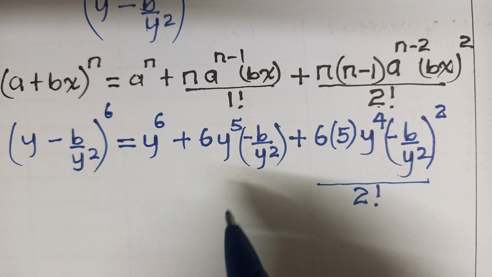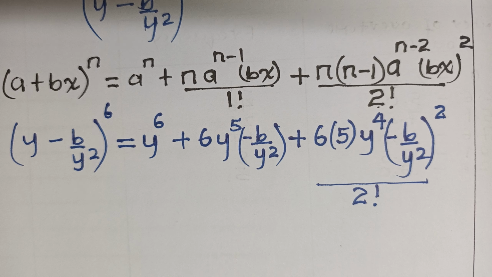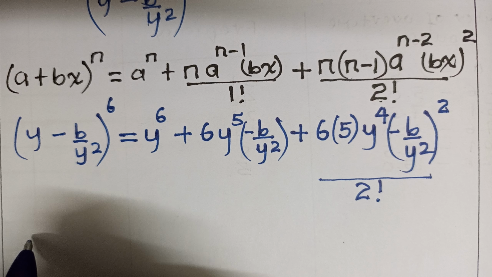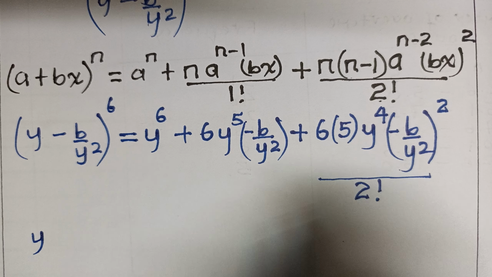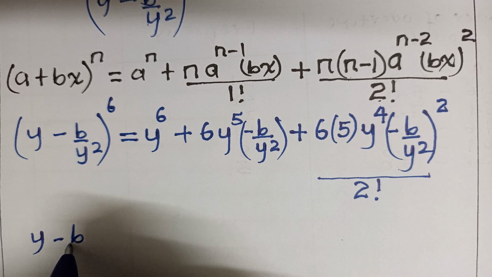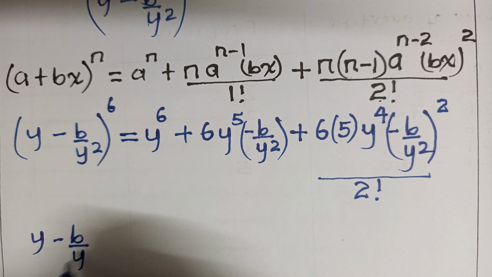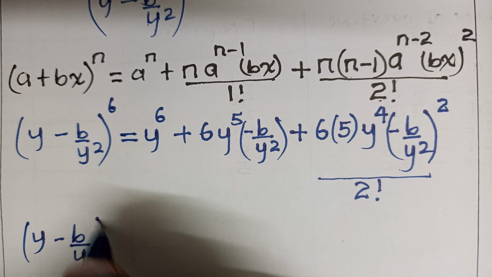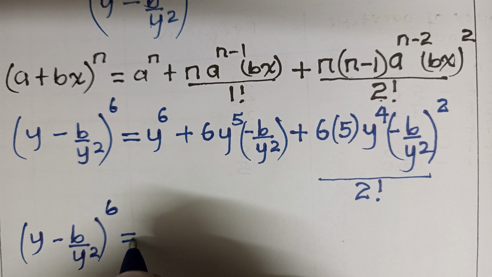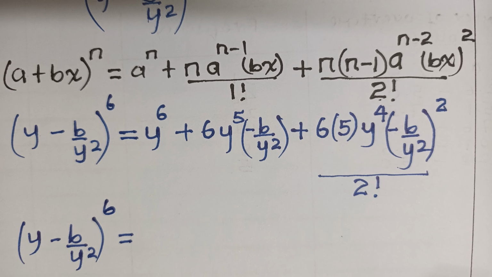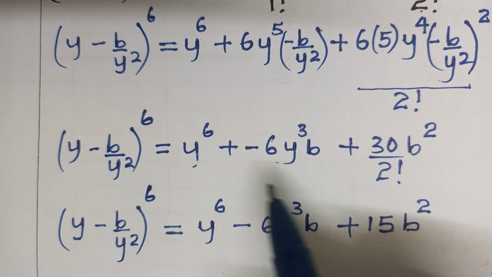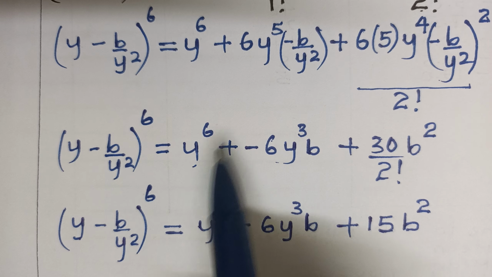But let us write this in an orderly manner so that we will have expanded up to that term. So this will now come to y over b y squared, here we have 6, and this is just to arrange that. You can now see I have written it once again.